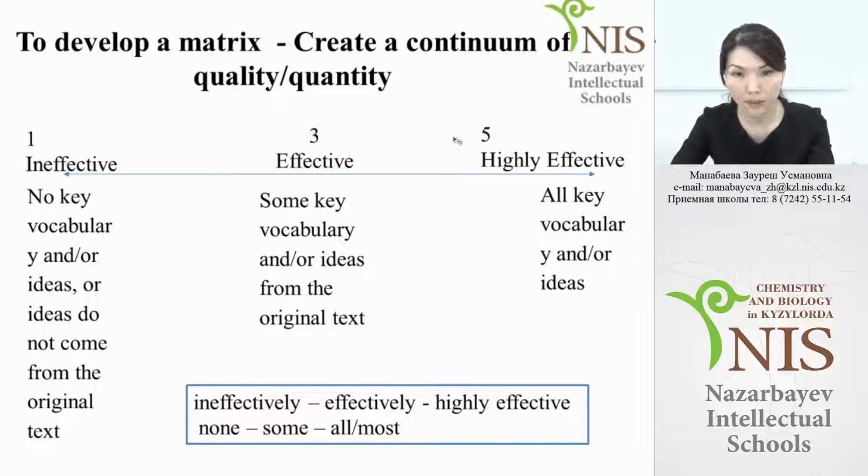The next step is to create a continuum of the quality and the quantity with the words ineffective, effective, highly effective. These words highlight the continuum itself. Or we can use the words none, some, most, all.